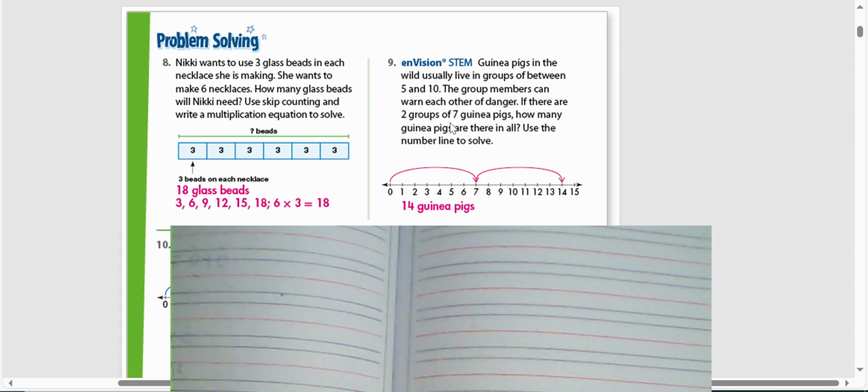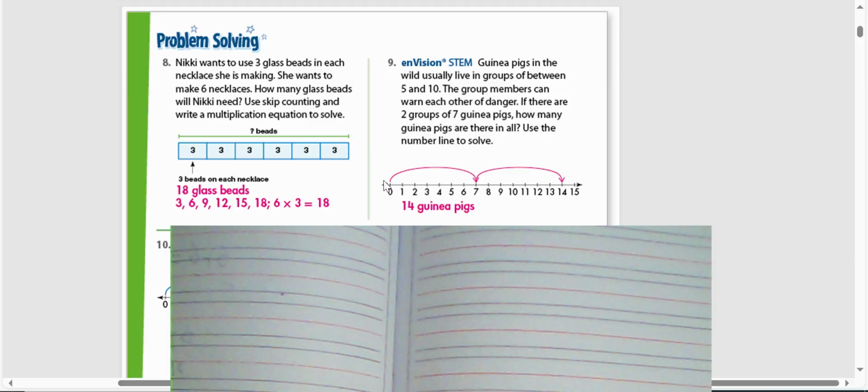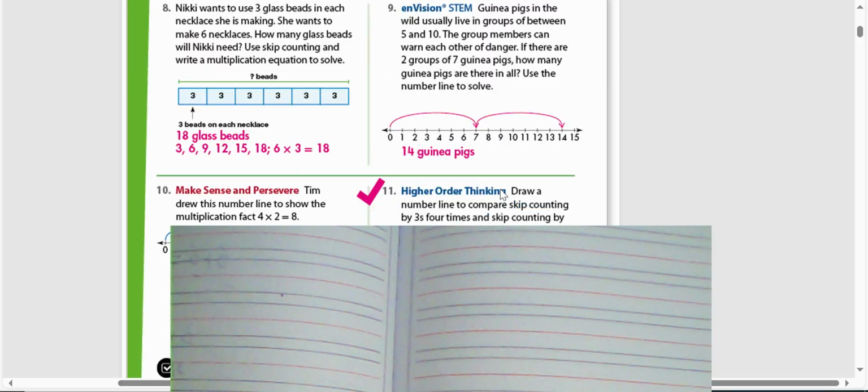If there are 2 groups of 7, we can write 2 times 7 equals 14. Then we must start from 0 going to 7, because in each group we have 7 guinea pigs. We have 2 groups. Then 2 times 7 equals 14. 7 plus 7 equals 14. Then the number will be 14 guinea pigs.